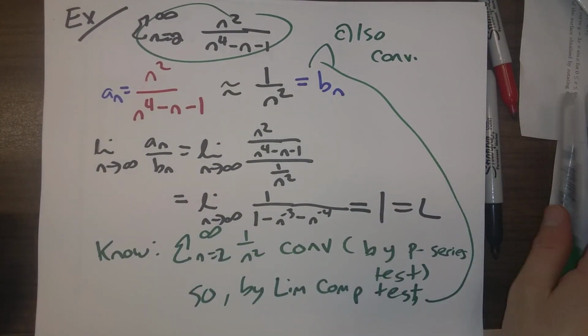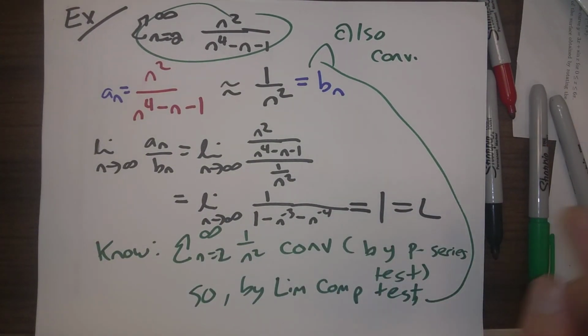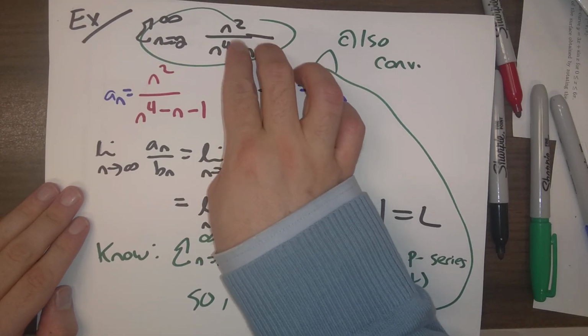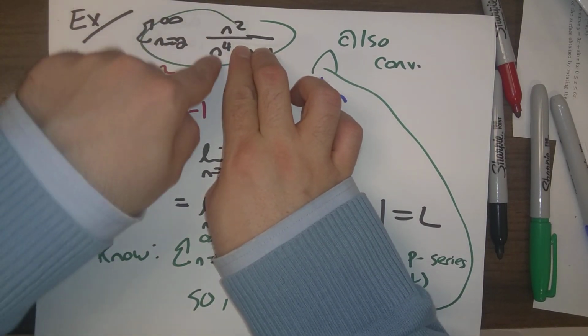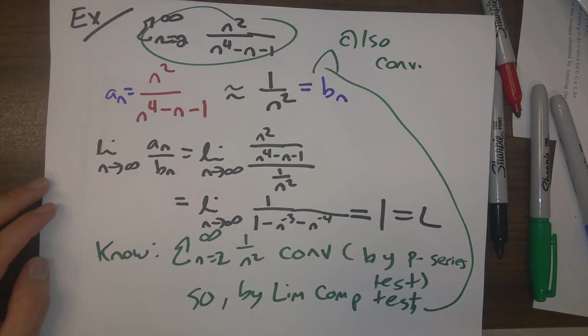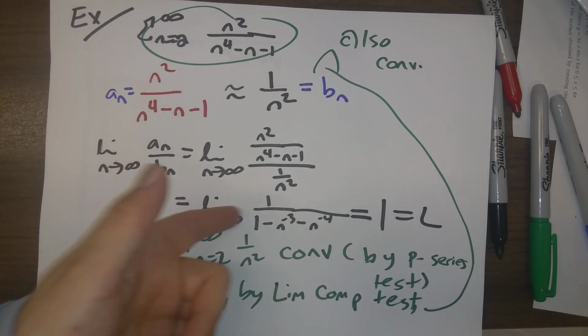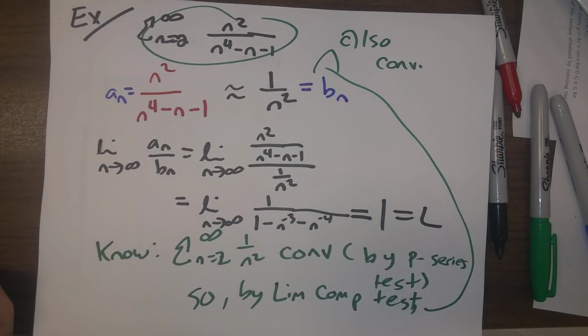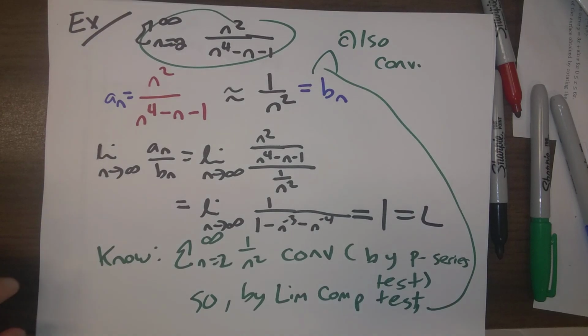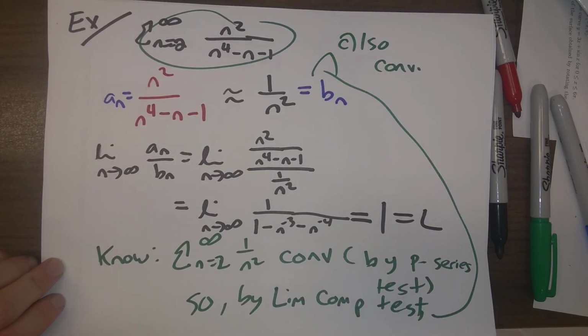So how do we apply the limit comparison test? We approximate, we take the most important terms here. These are unimportant, so we say terms here are about n squared over n to the fourth. That's 1 over n squared. We calculate a limit to make sure everything checks out the way we want. We get a limit that's between 0 and infinity. And in this case, these two series have the same behavior. In this case, they both converge.